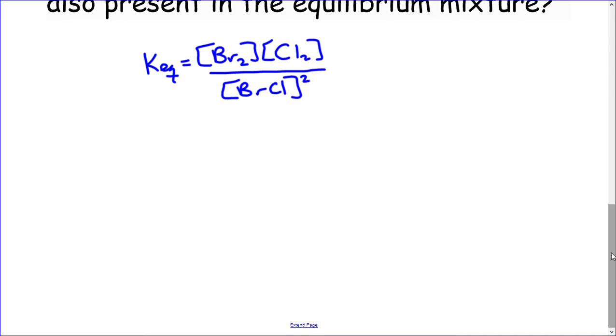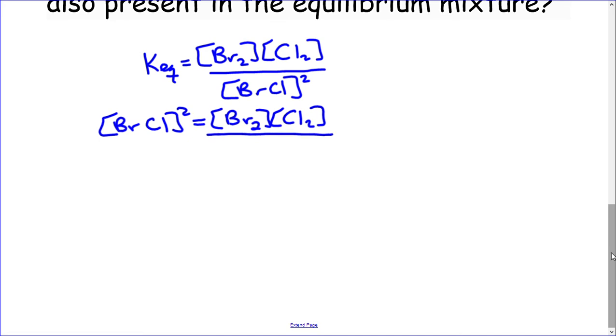Now, a formula rearrangement here would just mean that I'd have to rearrange for BrCl squared. And so I would have to multiply by that part on the top on both sides and then divide by the KEQ. When I do that, I get BrCl squared is equal to Br2 times Cl2, all over my KEQ value. And then I just plug in the information that I have.